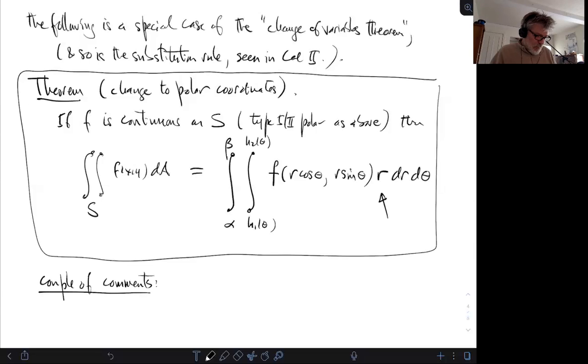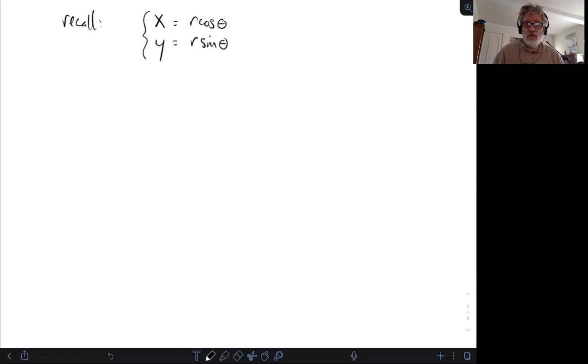Okay. So the first thing: recall that when we're switching from rectangular to polar and vice versa, this is how we go from one to the other.